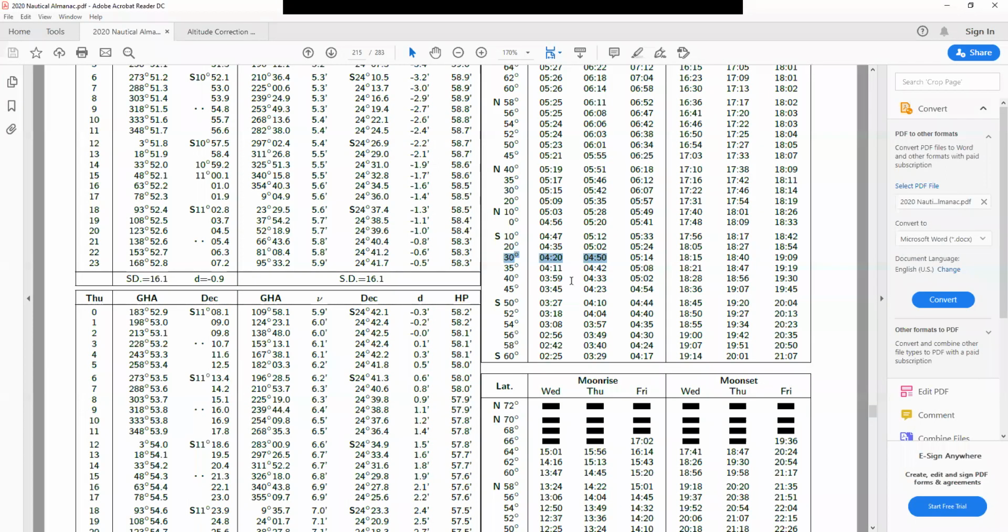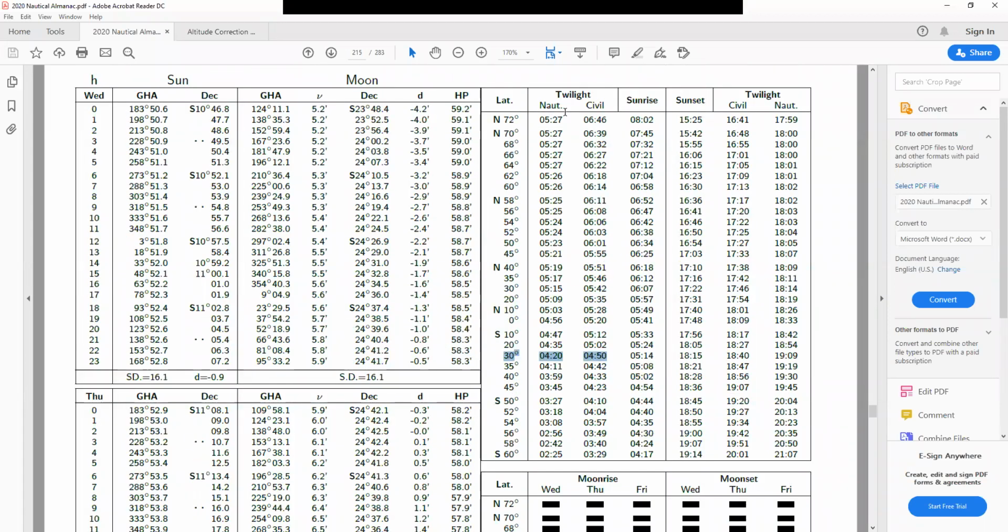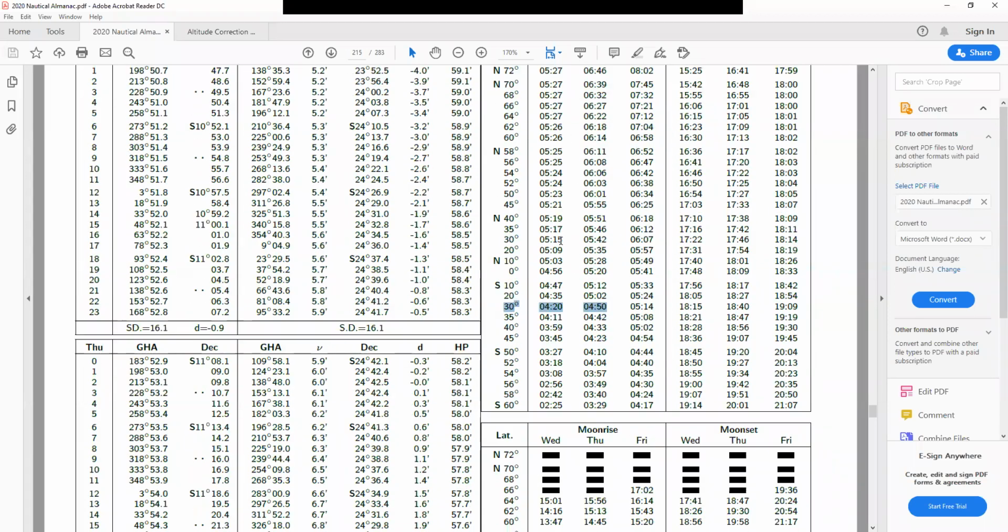At 30 degrees south, the time for nautical twilight, the first one that we're interested in, is 04:20. And at 35 degrees south it's 04:11.